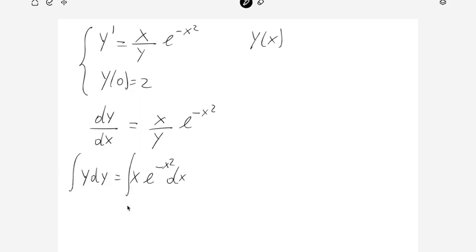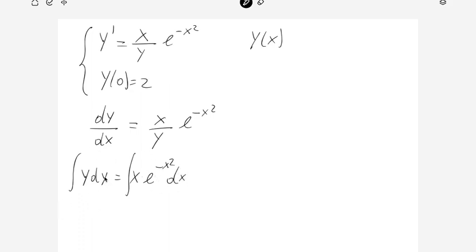This is not mathematically correct because dy over dx is a symbol, not a ratio, so I cannot multiply by dx here and here. It is just a notation for the derivative, not exactly a ratio. But it works, so for our purposes it's good. So we multiply by dx and obtain y dy equal x e to minus x squared dx, and then we integrate.